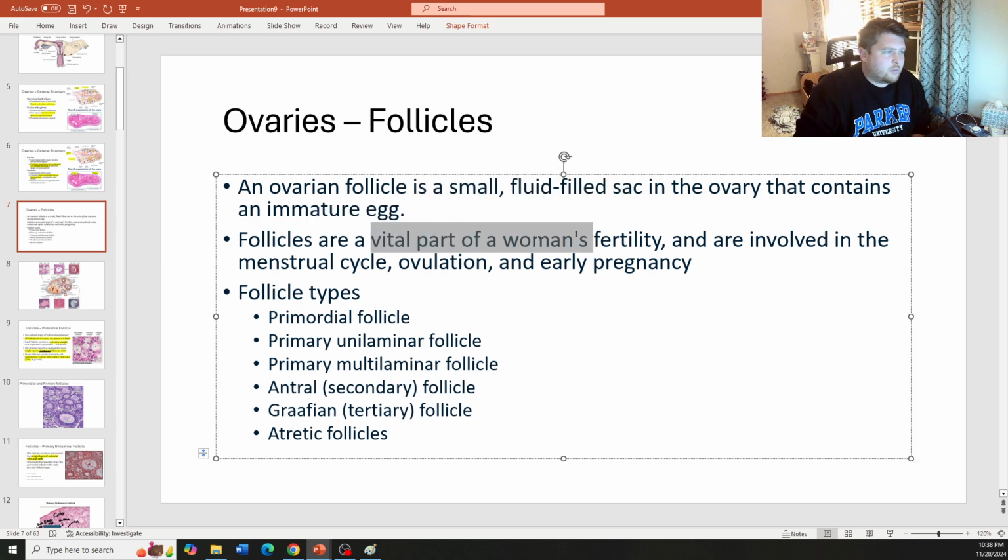Follicles are a vital part of women's fertility and are involved in the menstrual cycle, ovulation, and early pregnancy. Here are all the different types, and these are in order of what they're going to become: primordial, primary unilaminar, primary multilaminar, antral or secondary follicle, a Graafian or tertiary follicle, and then an atretic follicle. We'll cover each of those.